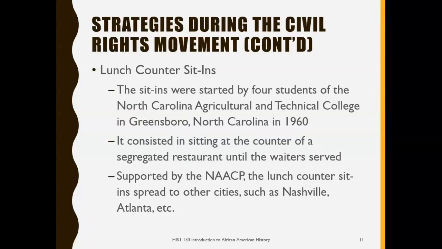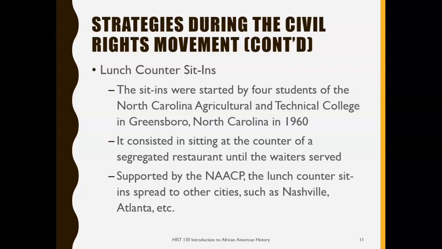The other effective strategy against racial segregation was the sit-in, and especially the lunch counter sit-ins. So the lunch counter sit-ins were started by 4 students in North Carolina at the North Carolina Agricultural and Technical College in Greensboro.